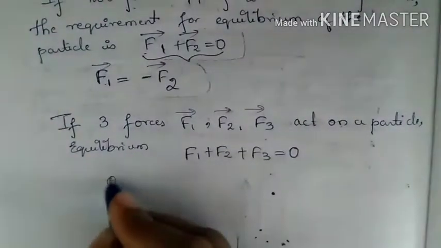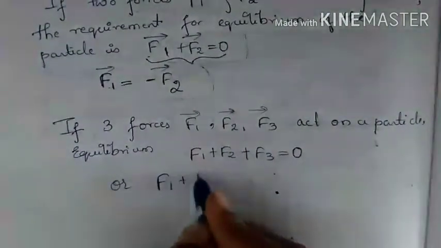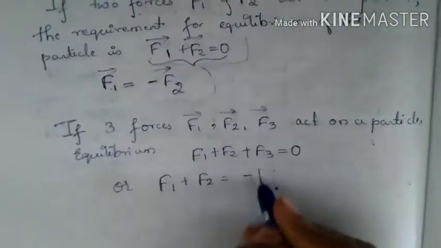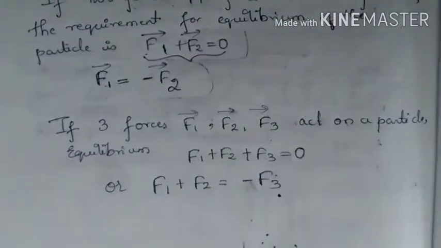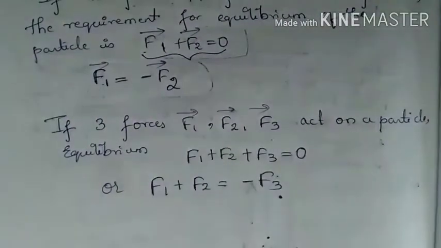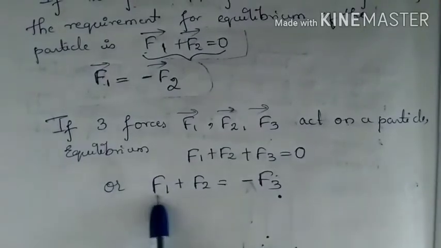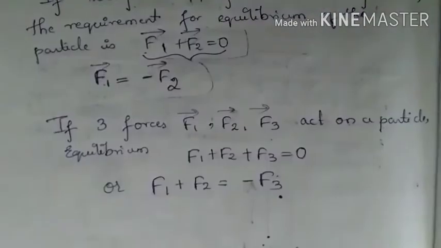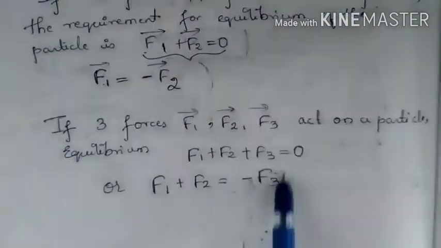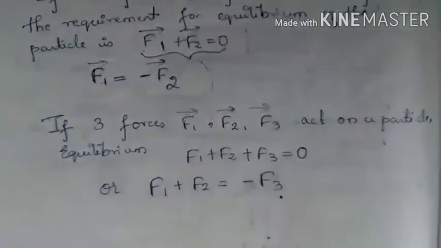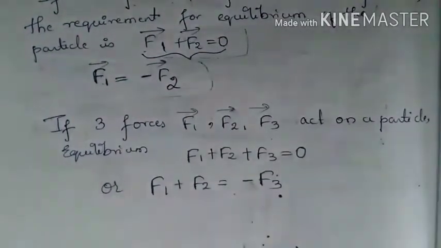Now, you can also write F1 plus F2 is equal to minus F3. So that means the resultant of any two forces, say F1 and F2, must be equal but in opposite direction. So that is the third force.